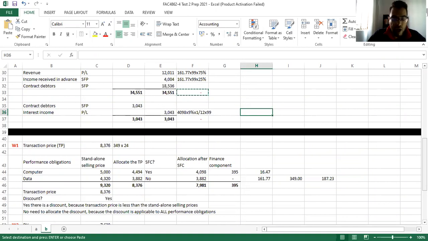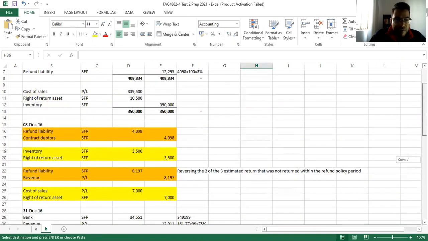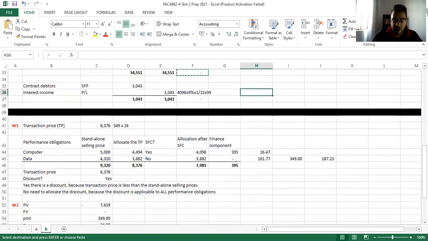To make it more practical, as you can see, we have different dates over here. So you kind of draw a timeline for yourself and you look at all the various dates that the transaction takes place. And in words below each timeline, you'll tell yourself on 1 December, what takes place.